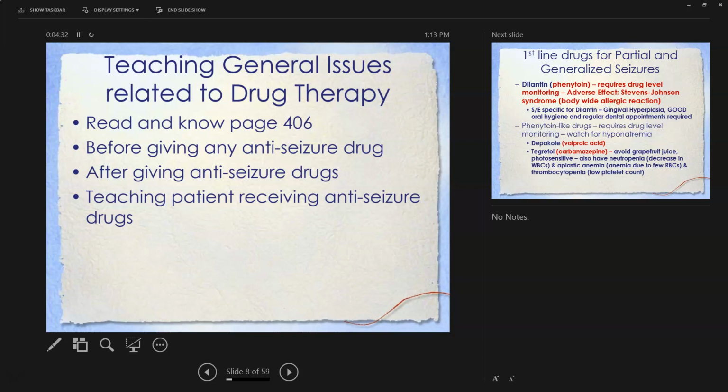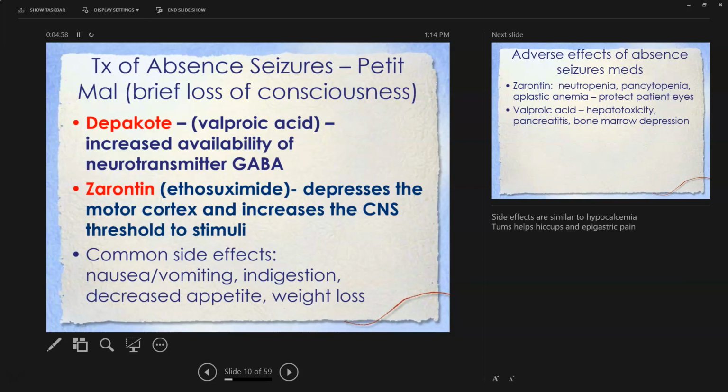Make sure they have help getting out of bed, and monitor them for seizure activity. Certainly they don't need to be drinking alcohol or driving any vehicles. They need to wear alert bracelets, etc. So read all of that. You need to tell any surgeon or dentist that you're on medicines for seizures so that they can be protected at all times.